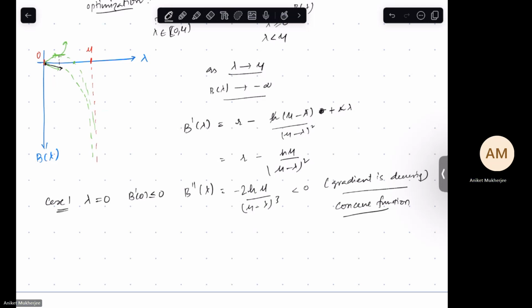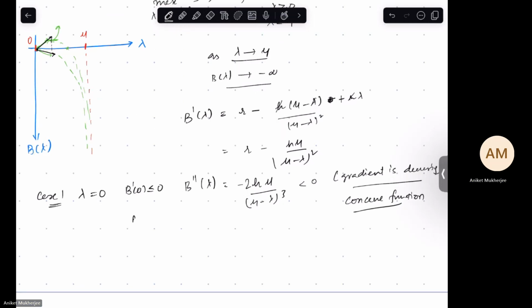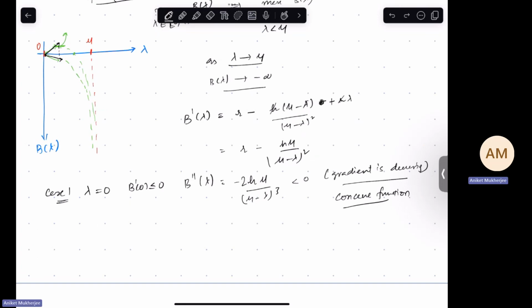So you'll never come back because the gradient is decreasing on this, right? But if you have a positive gradient at 0, then you'll get some optimal value. We need to calculate this optimal value, right?